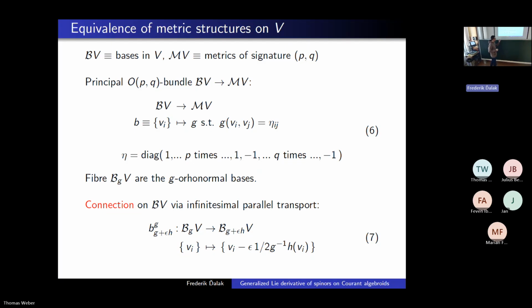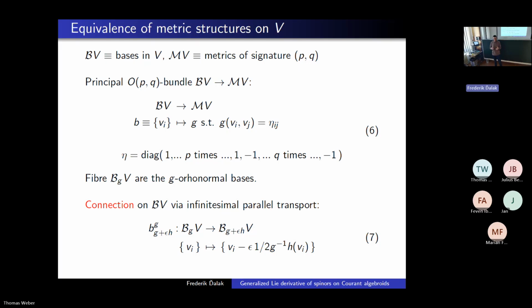So we need to map a frame which is an orthonormal frame with respect to G onto an orthonormal frame with respect to the shifted, the transport metric. And so this is the way you can do it. This is actually a canonical infinitesimal isometry between the two metrics, right? So it's fully determined by G and the transformation H.